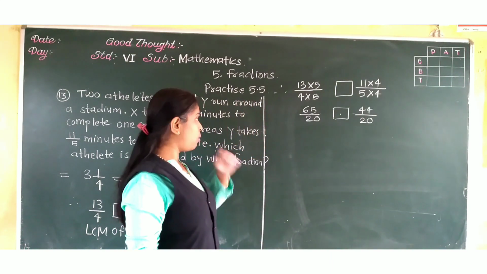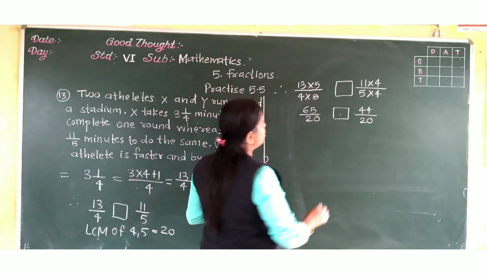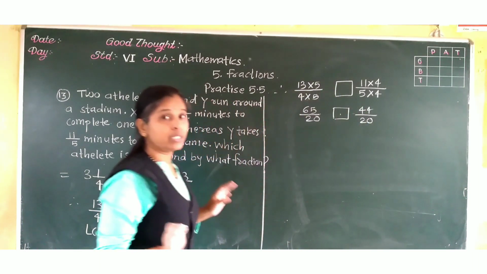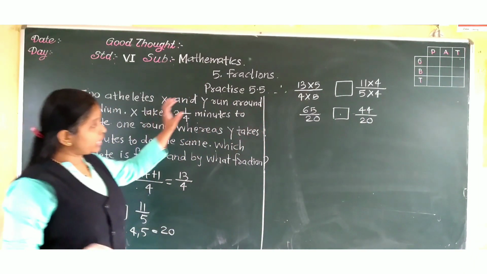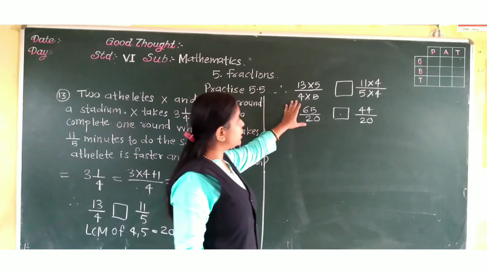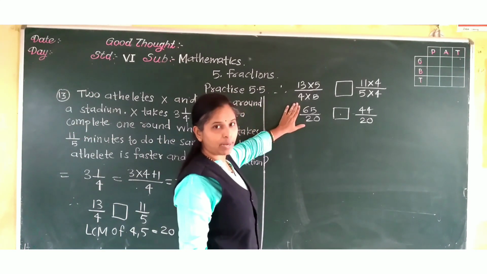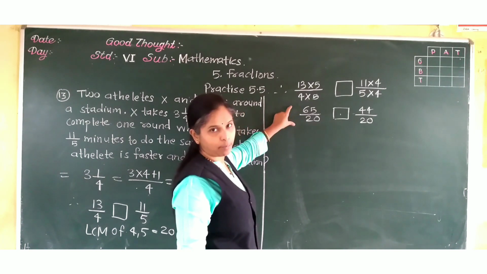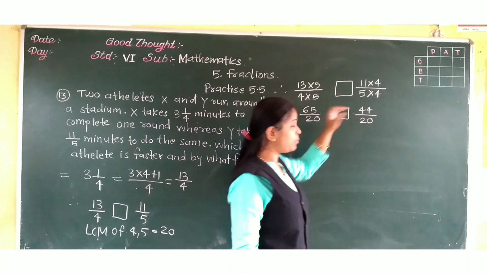Correct? Now here see, by looking at the numbers you will say X takes more time, no? He takes more time. 65 upon 20 means more time, and Y takes less time.